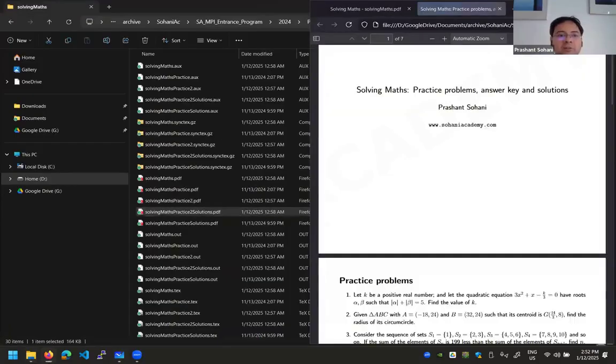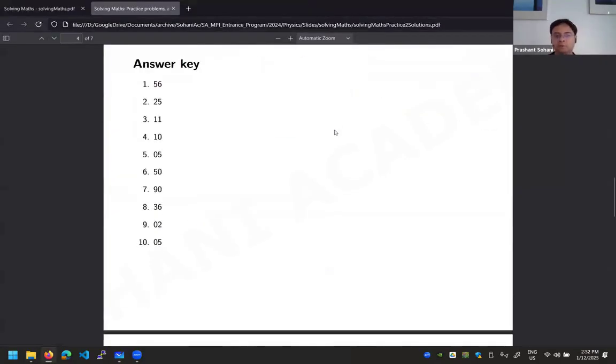Yeah, so this is the answer key. If you want to copy or take a screenshot. I hope it is correct. I have checked my calculations, but in case there is any mistake, let me know.